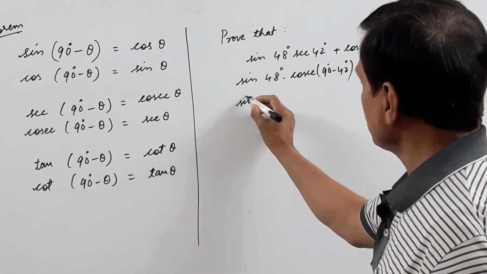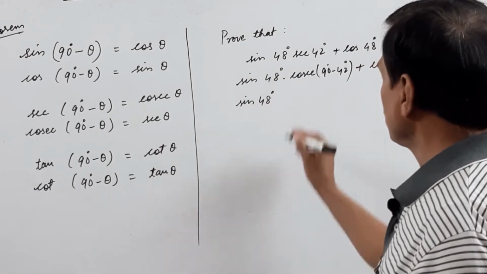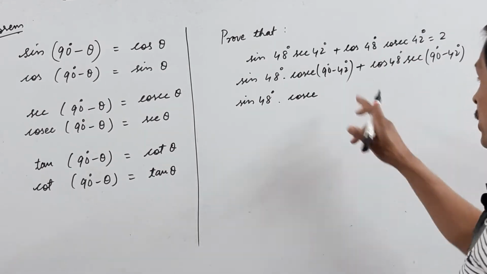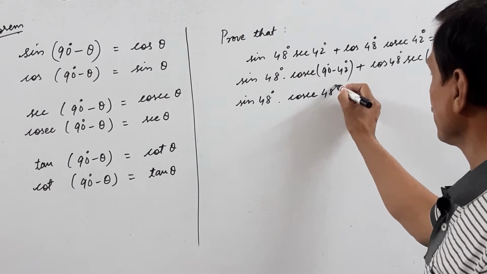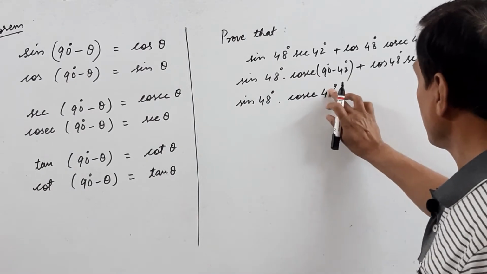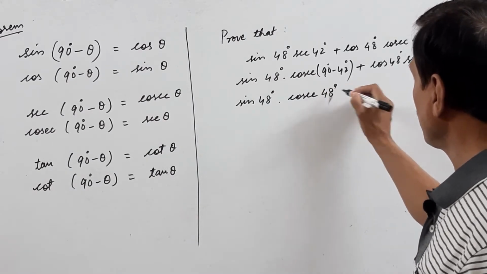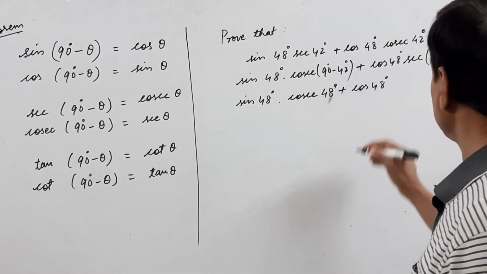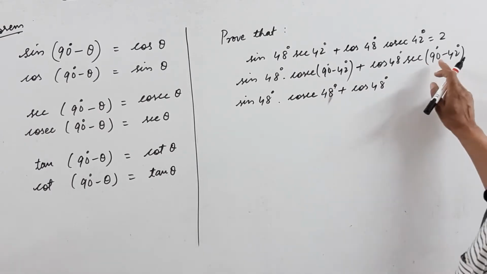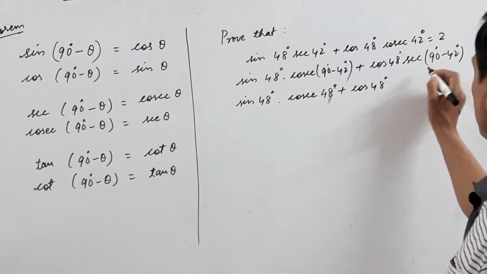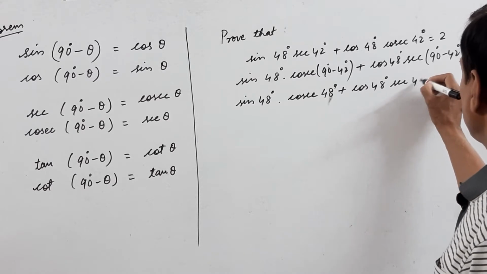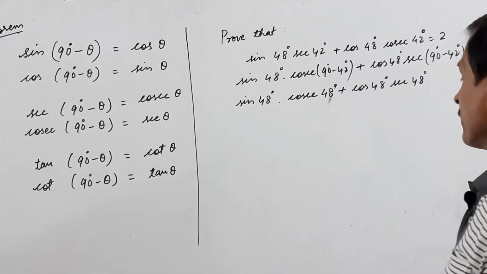This is sin 48 degrees times cosec(90 minus 42), which is 48 degrees, plus cos 48, and sec(90 minus 42), 90 minus 42 is 48, so this is sec 48 degrees.